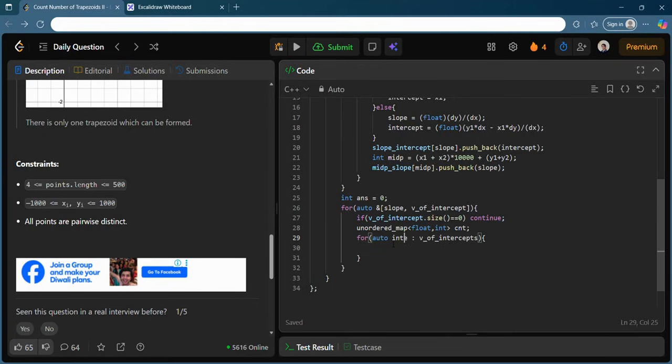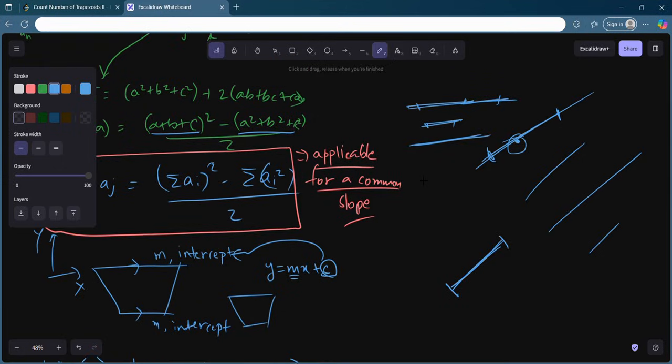So for float, not auto, I will call it float of intercept. I will take an intercept from the vector of intercept and just store its count, how many times that intercept is occurring. So I'm just calculating how many points are there. As I had explained, like 3 1 3: this is a line segment, this is a line segment, this is a line segment.